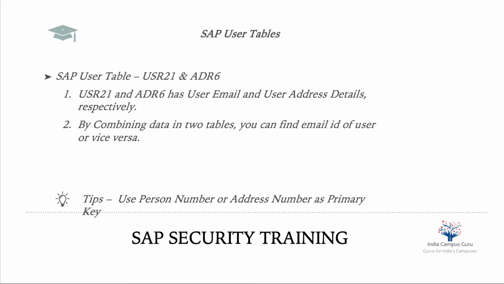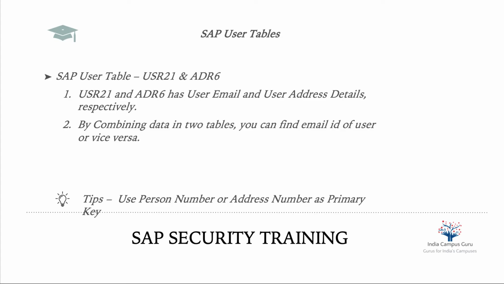The other tables I talked about are USR21 and ADR6. You may not go to these tables that often, but the USR02 table or any other table doesn't have the email ID of a user ID, and most of the time the SAP ID is not easy to find. Suppose you have a user's email ID and you're trying to find which SAP user ID it belongs to.